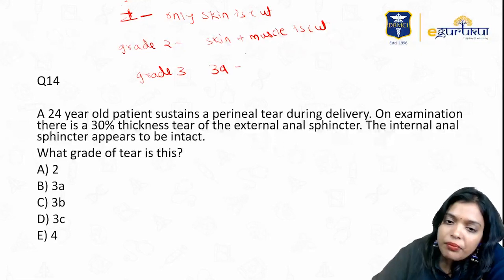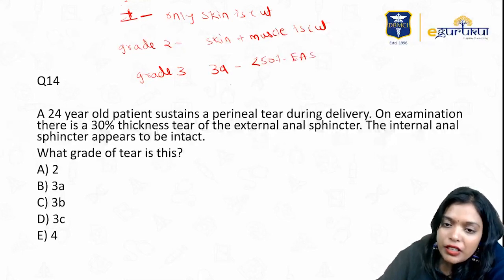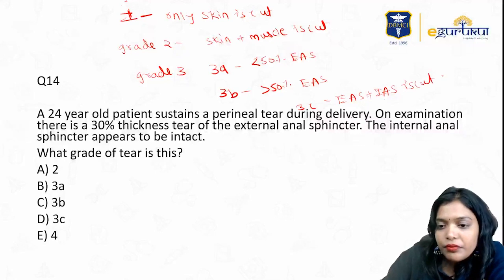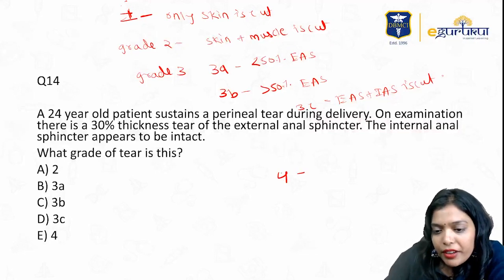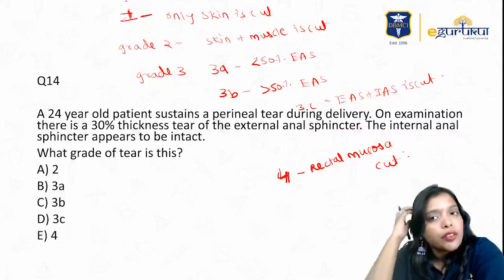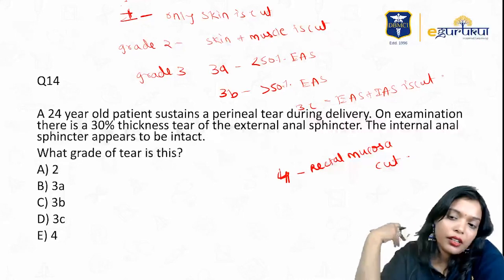So 3A, less than 50% external anal sphincter cut. 3B, more than 50% external anal sphincter cut. 3C, external anal sphincter plus internal anal sphincter is cut. And 4th grade, rectal mucosa is cut.